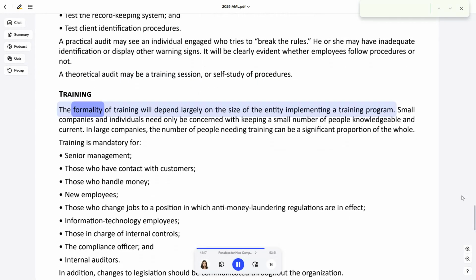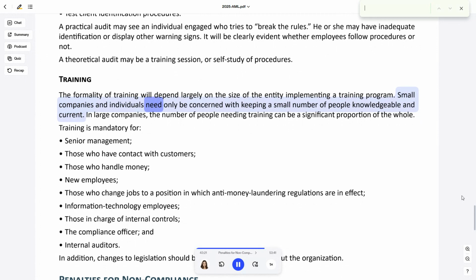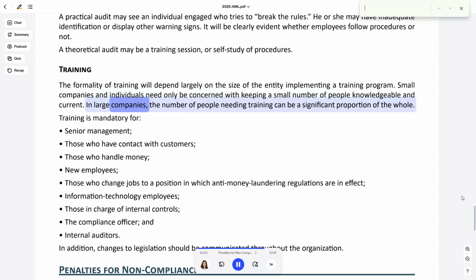Training. The formality of training will depend largely on the size of the entity implementing a training program. Small companies and individuals need only be concerned with keeping a small number of people knowledgeable and current. In large companies, the number of people needing training can be a significant proportion of the whole.